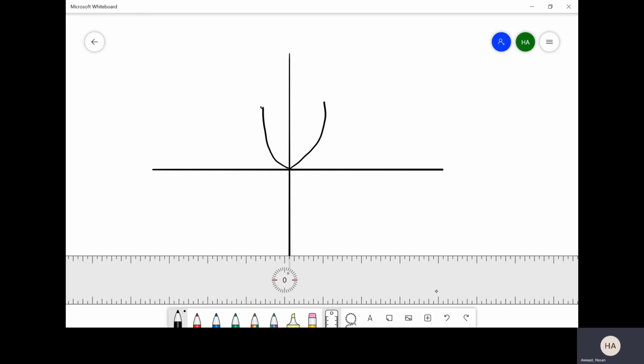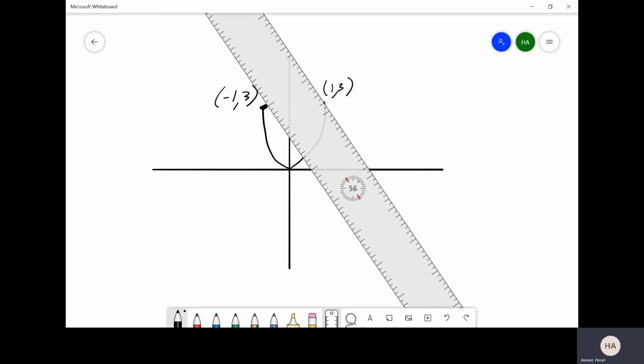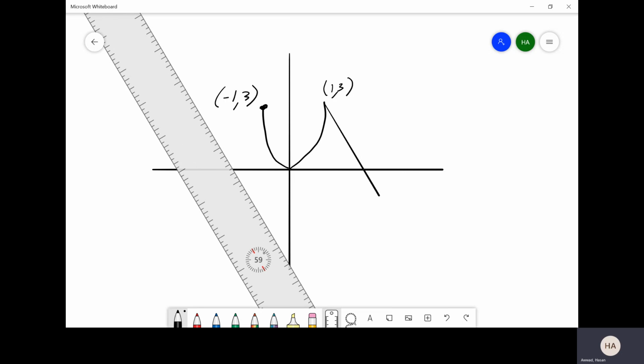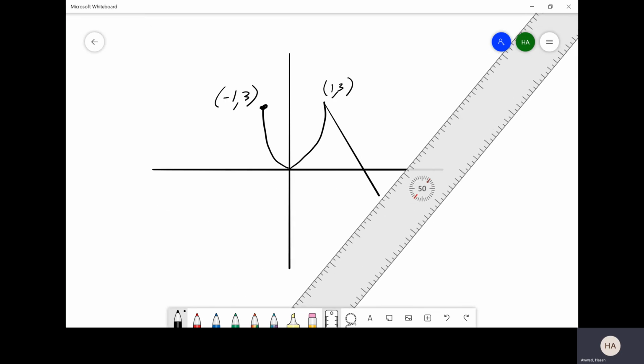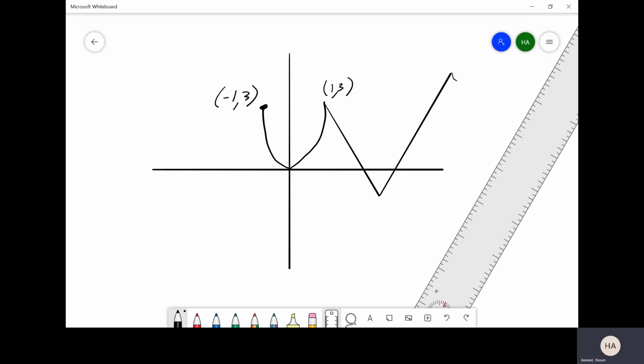Okay, so we're going to have here, this is the point -1, 3. This is the point 1, 3. Then it's going to shoot downwards, and this is going to look kind of similar to what we had before. So it's shooting downwards, and then it shoots back upwards, wherever it's going, and it goes on to infinity.